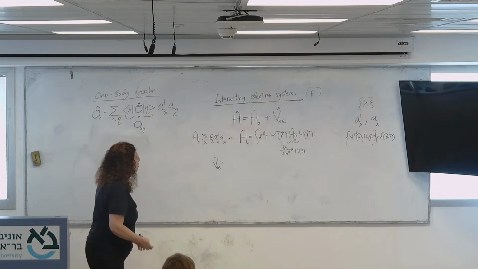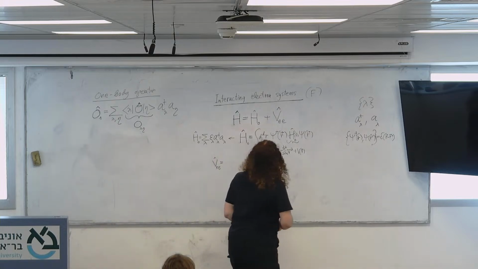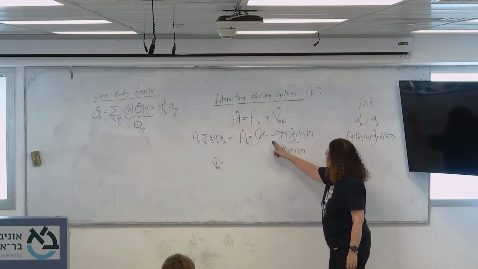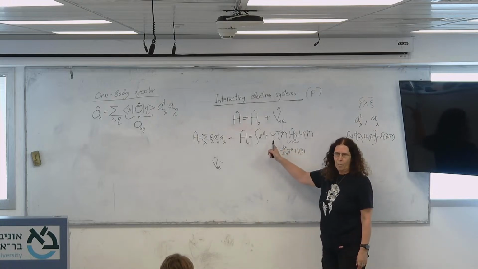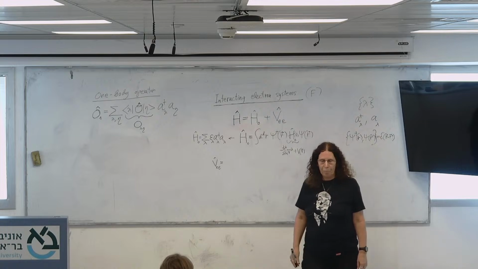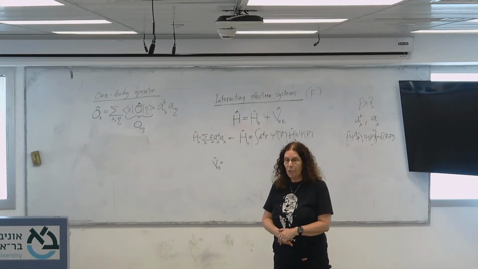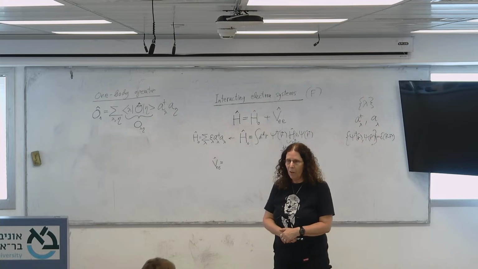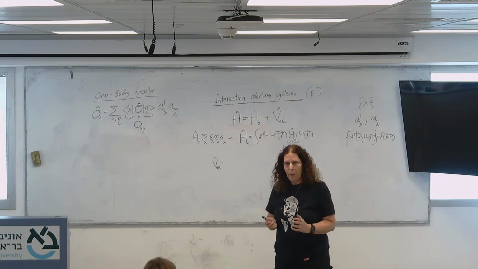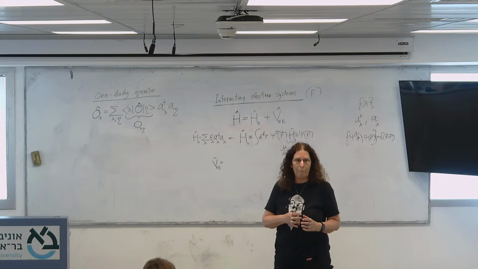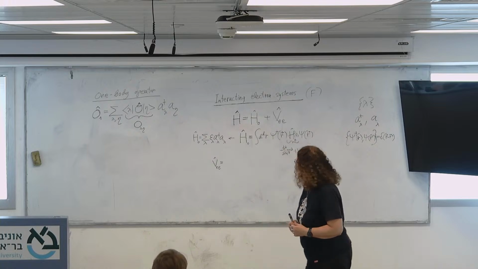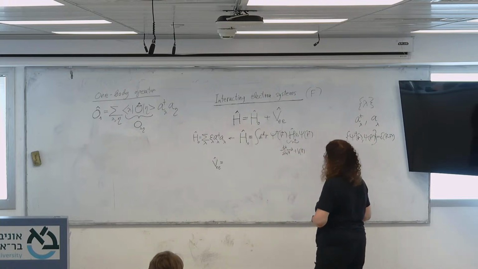I should start from it. There is another index that I have to add if I'm talking about electrons. The space dependence is not the only degree of freedom. They also have a spin. And the spin is an independent internal degree of freedom. It's not something that is related to the space. It's another index.